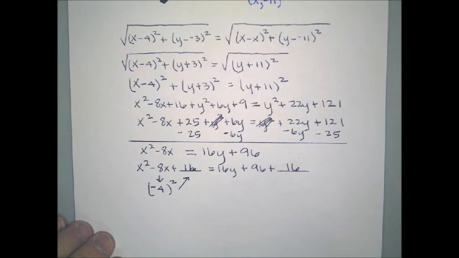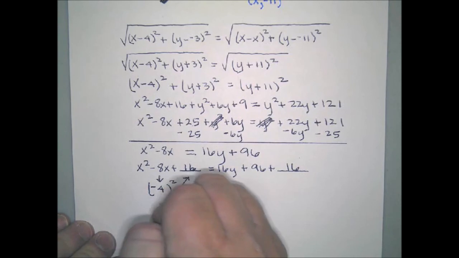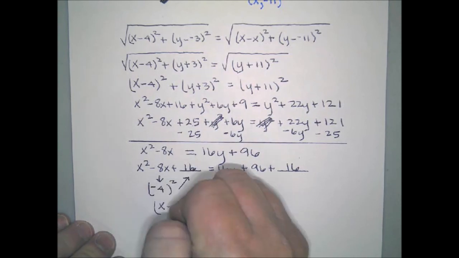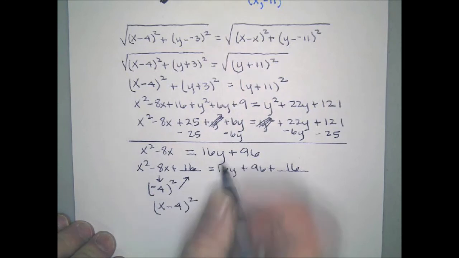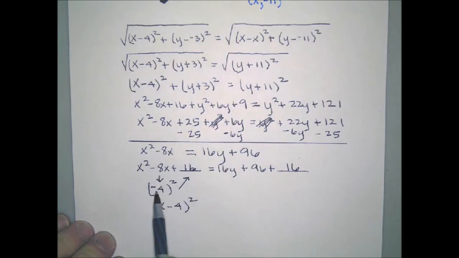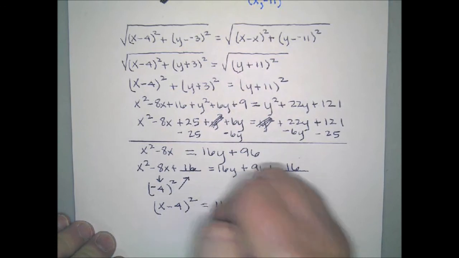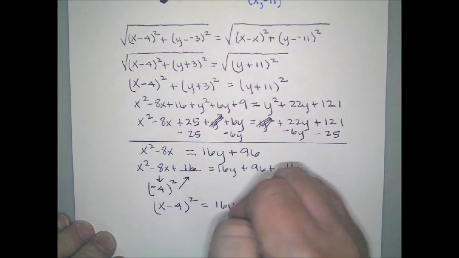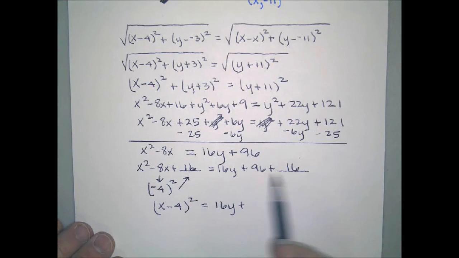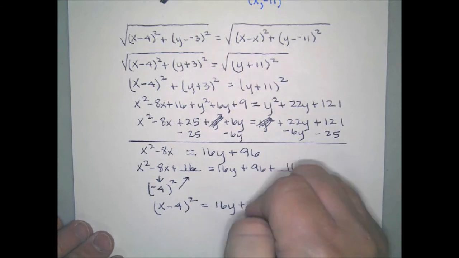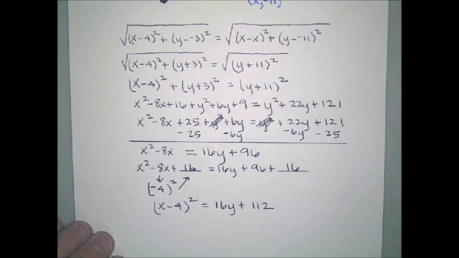Now we're almost done. My perfect square that I just created was x minus 4 quantity squared, because remember, when you complete the square, it's always this 1/2 number, equals 16y plus, now 96 plus 16 is 112, and this is going to be my last step.